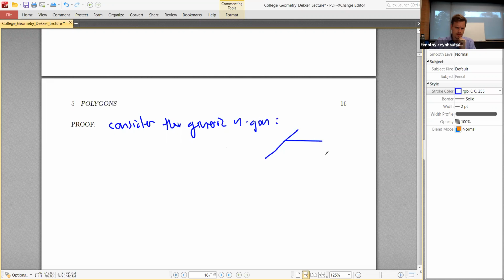Let's go that way, and this way. Get a couple more, there, and here. And because I don't have a specific number of sides, I'm going to use ellipses to indicate that it continues on, right? There's an unknown number of sides.